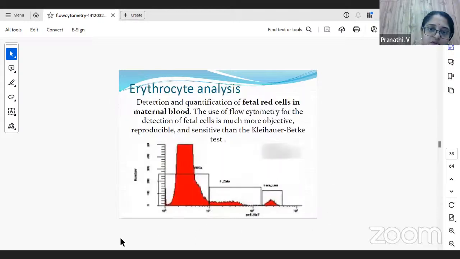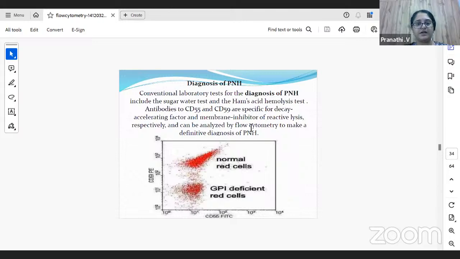Erythrocyte analysis can also be done, especially fetal red cells in the maternal blood. So if there is any kind of a problem in the fetal red blood cells as compared to the maternal red blood cells, then you can actually see that. And diagnosis of PNH, which is a disease, you're going to use the flow cytometer.